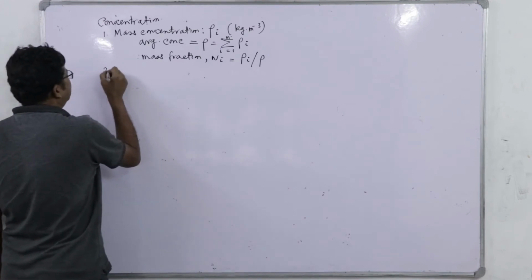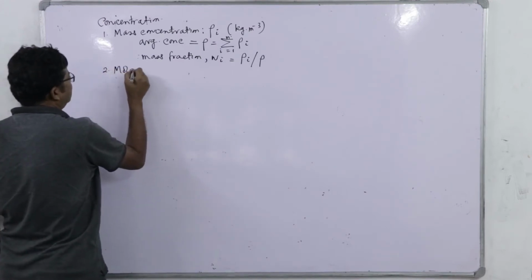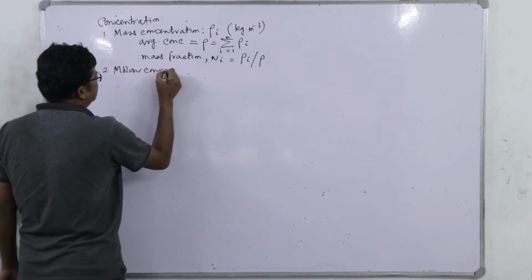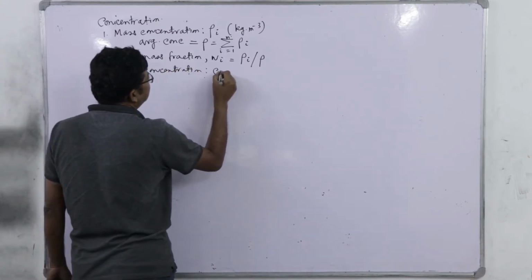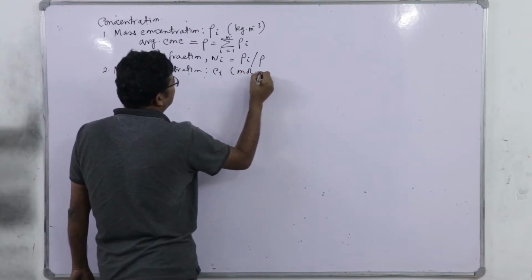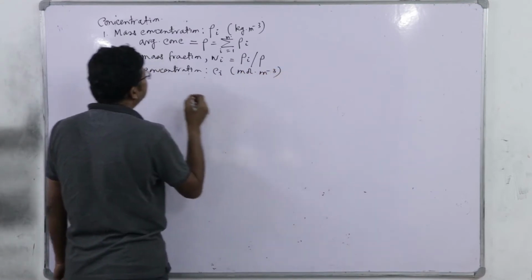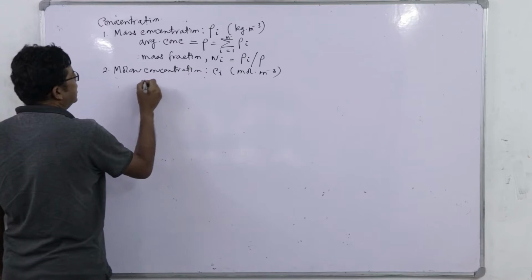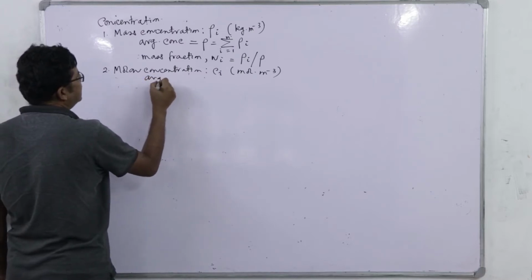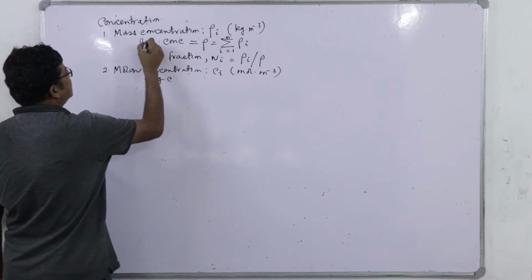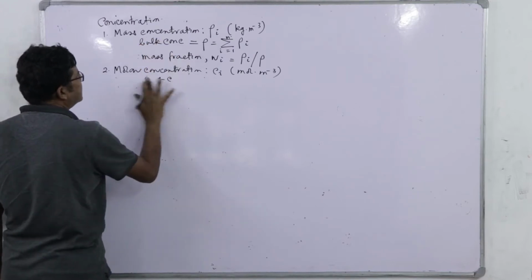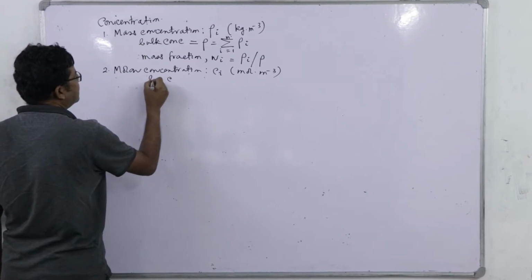And similar to that, we have molar concentration, C i, in mole per meter cube. Rather than the average concentration, we should say it is the bulk concentration, right.